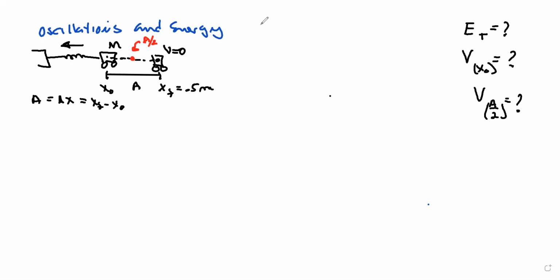The total energy of our system is the kinetic energy plus the potential energy.